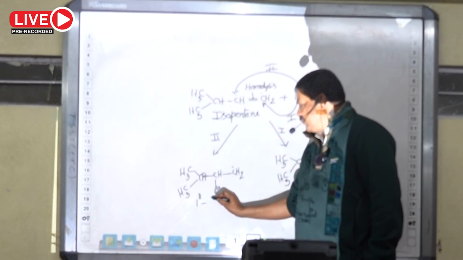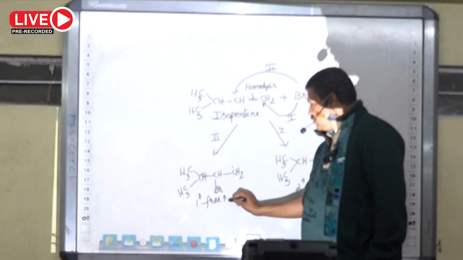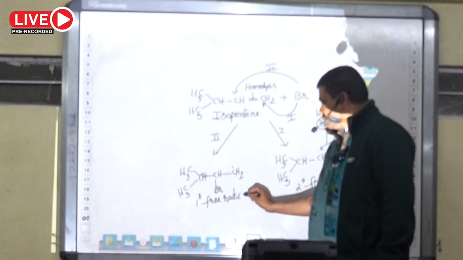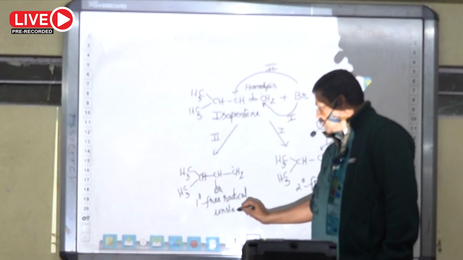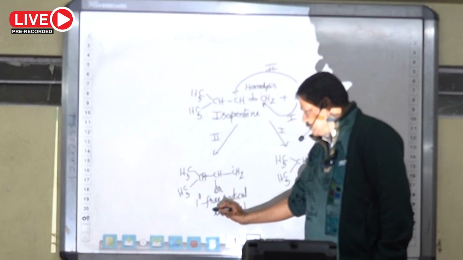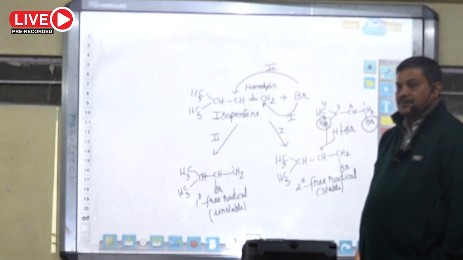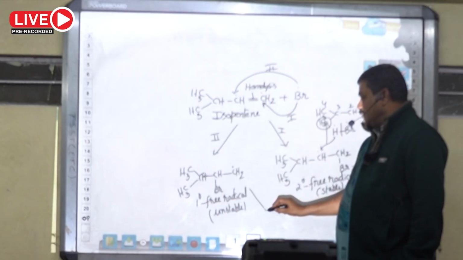This is a primary free radical, which is unstable or less stable. This again reacts with HBr.